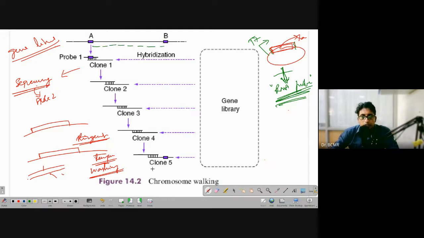For that, there is a technique called chromosome walking, in which if we have some sequence information, we can use that to identify a clone, and use that as a probe to identify clones having overlapping sequences, and so on. We can then characterize each of them, and be able to figure out the whole sequence of the chromosome, for example. And that's called chromosome walking.